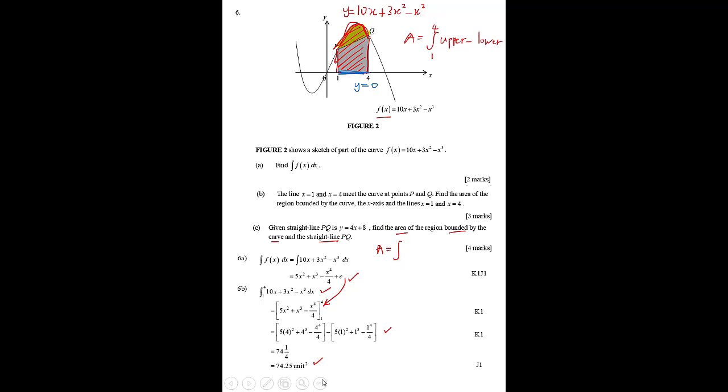So the limit is still 1 until 4, and the upper function is actually the curve. The lower function will be the line PQ. So that's why your formula to find the area is the curve minus the straight line.